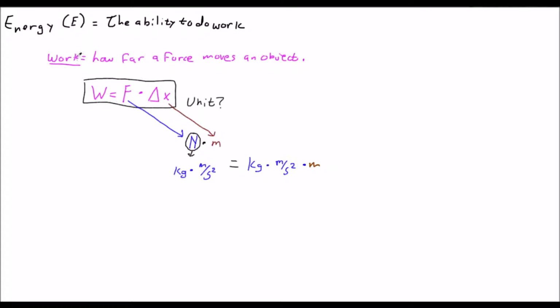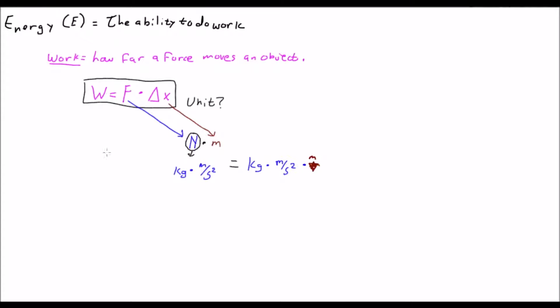Keep the colors the same here. That doesn't want to erase, so we'll scratch it out. Times meters. When we multiply this all out, it can be simplified into something much easier.